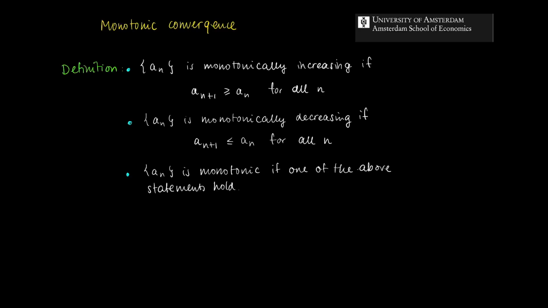If we had a sequence with elements 1, 4, and then 3, then this is neither monotonically increasing nor monotonically decreasing, so it's not monotonic.